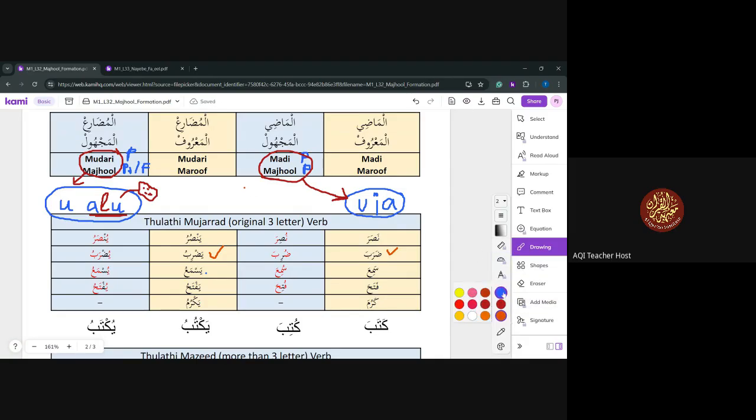Another thing I forgot to mention: Nasara means he helped, right? And Nusira means he was helped. But for karuma, we do not have any passive form because the word karuma has an inbuilt passive meaning inside it. Karuma means he was honored. So it does not need a passive verb.